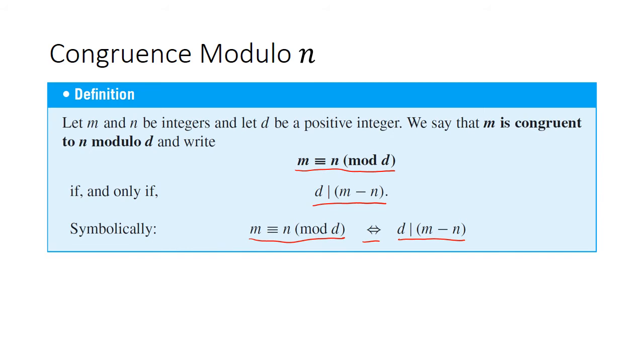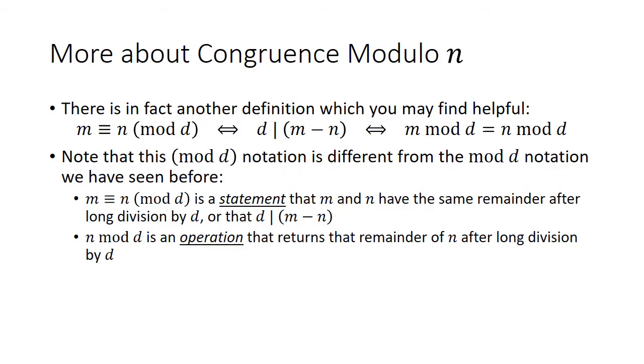So this is actually an equivalence relation, and I want to say just a little bit more about it. There's actually another way that you can define this particular equivalence relation. We already talked about the fact that m is congruent to n modulo d. That means that d divides m minus n.